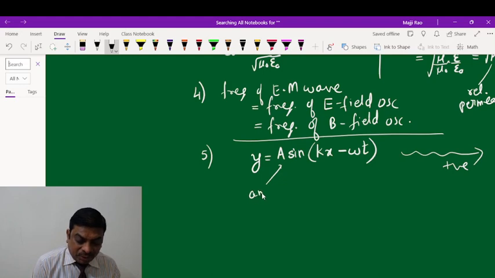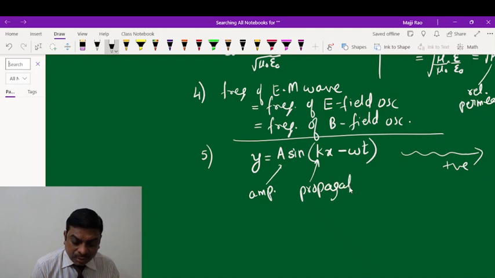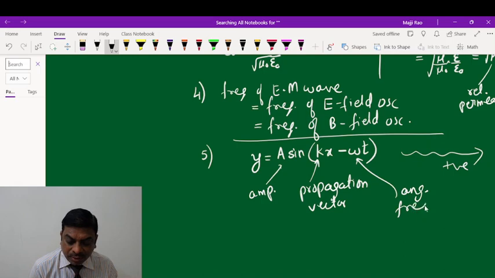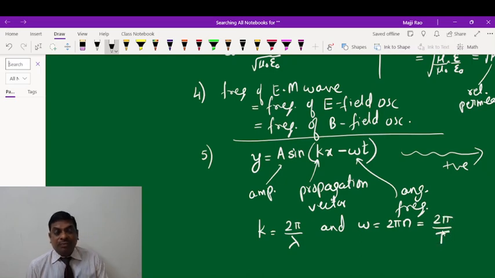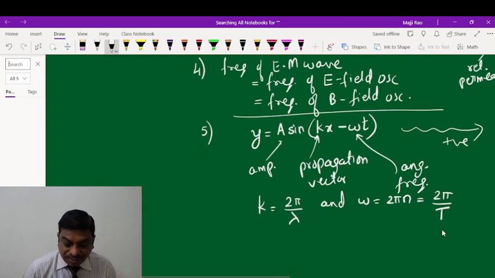So A is the amplitude, k is the propagation constant or wave constant, also called the propagation vector here, and omega is the angular frequency. We all know that k is 2 pi by lambda and omega is 2 pi into frequency, or 2 pi upon the time period of oscillation.